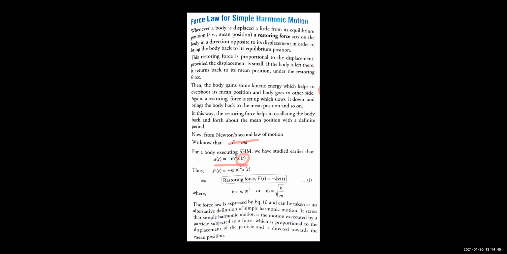So let's put the value of a in this. It becomes minus m omega square x. So this constant, minus m omega square, or just m omega square, we will call k. So this k is nothing but m omega square, and if you find the value of omega from here, then it is under root of k by m.